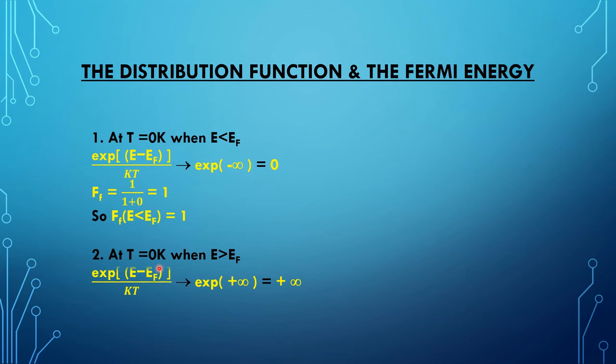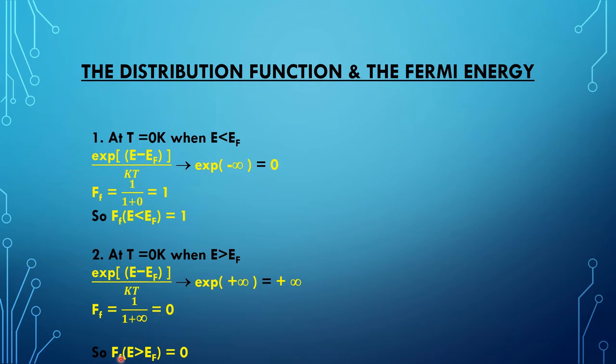At this condition, the exponential part of the Fermi distribution function, that is exponential (E minus Ef) divided by kT, tends to plus infinity because E is greater than Ef. So from this equation we get the Fermi distribution function, that is 1 divided by 1 plus infinity, that is equal to 0.